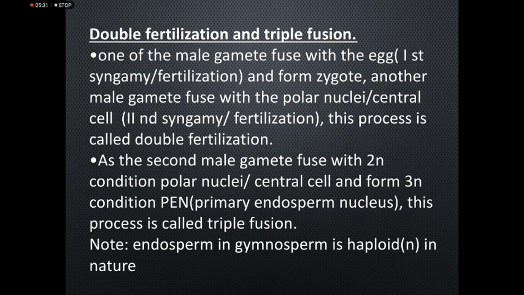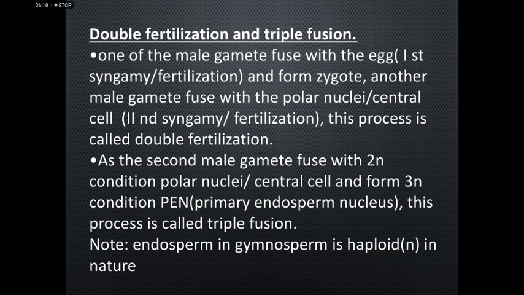So this process is unique to angiosperms only, and this is known as double fertilization. The second male gamete fuses with the 2n polar nuclei that we discussed earlier. A typical embryo sac is 7-celled and 8-nucleated, which means the central polar nucleus is in 2n condition. Two nuclei join together and act as the polar nucleus.